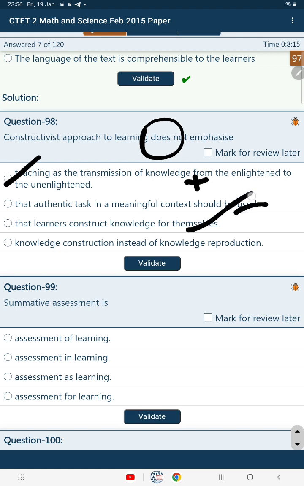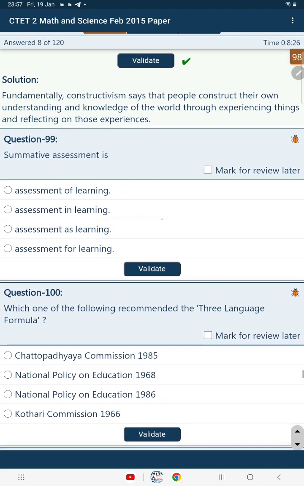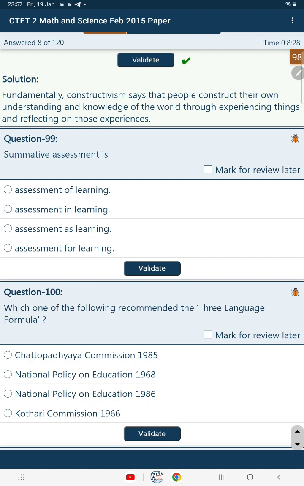These are positive. This is negative. Unenlightened is wrong. Knowledge construction instead of knowledge reproduction. So option A is correct. Fundamentally, constructivism says that people construct their own understanding and knowledge of the world through experiencing things and reflecting on those experiences. So option number A is correct.